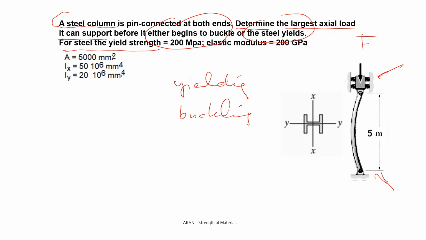For the steel, the yield strength and the elastic modulus are given. Besides, for the section, we have the area and the moment of inertia values for Ix and Iy. We see that Iy is the smaller one, so buckling around Y is easier.